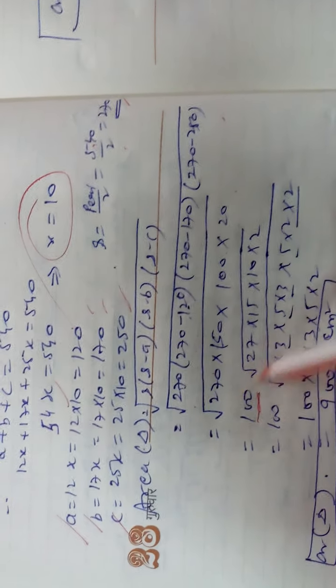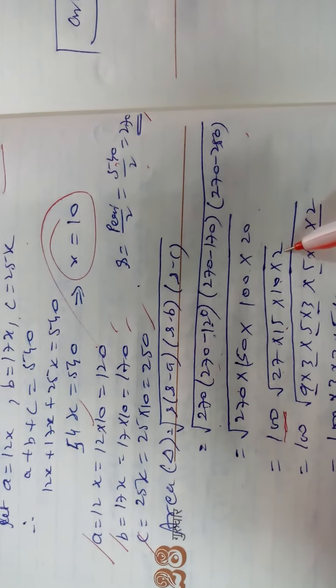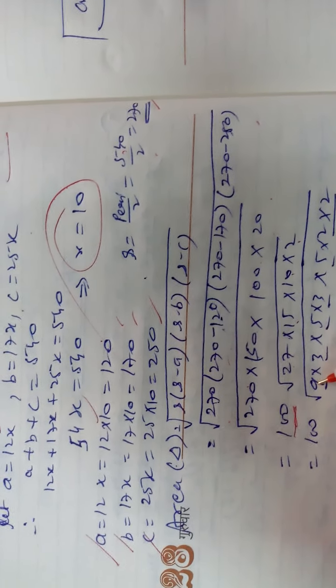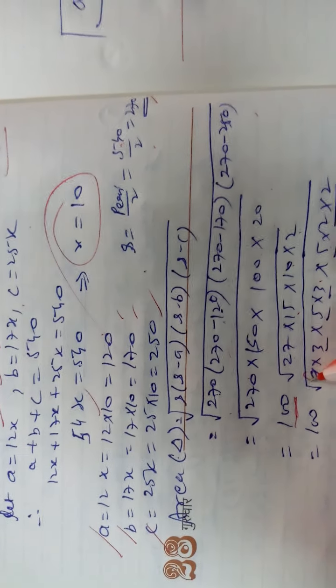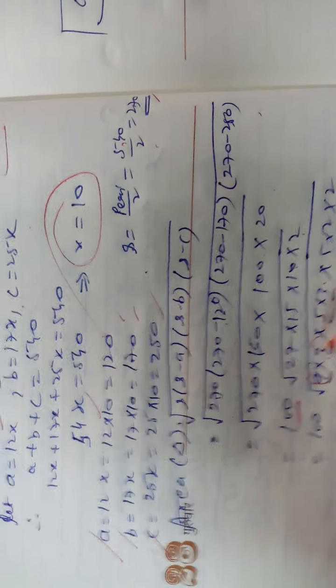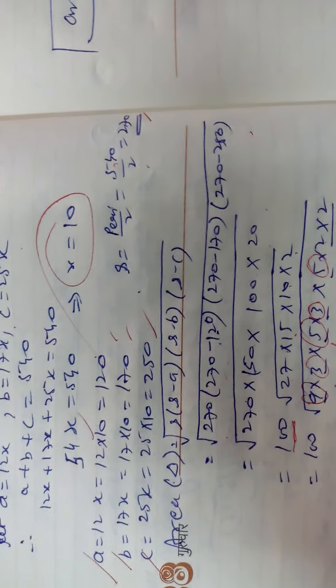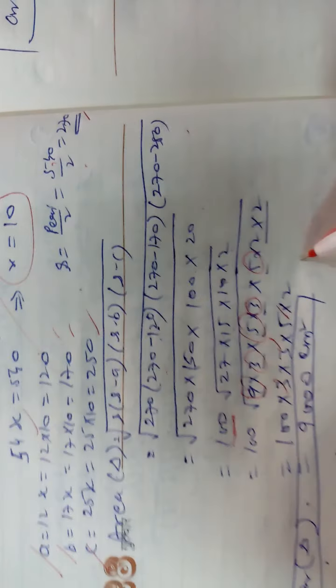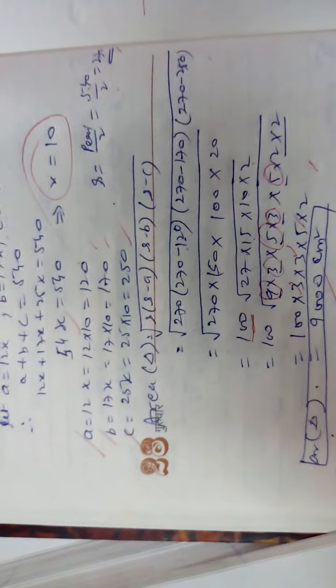What is left? 27, 15, 10 and 2. Now 9 into 3 is 27, 9 is a perfect square, 5 into 3 is 15, 5 into 2 is 10. 9 gives you 3, 1 3, and another 3, 1 5 gives you 15, last 2 gives you 2. So multiply all, you are getting 9000 centimeter square.